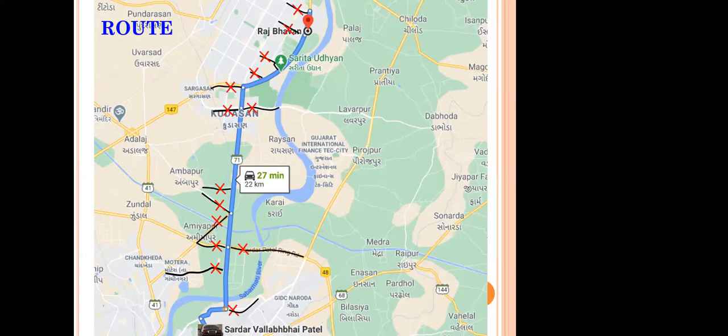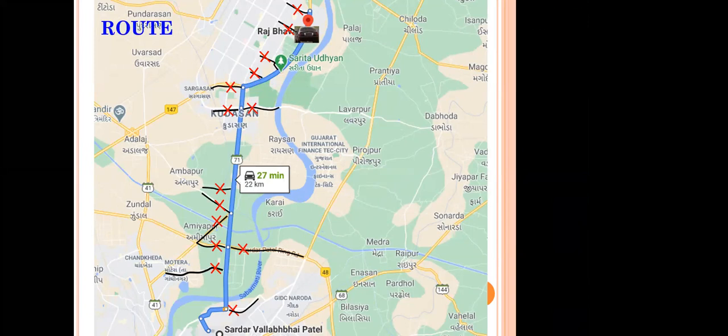They block all the roads. All the police people will be standing and they will be blocking everything. And the President of India will travel from Sardar Vallabhbhai Patel Airport to Raj Bhavan. Till he passes a particular road, all the roads will be blocked. This is called a route for the President of India.